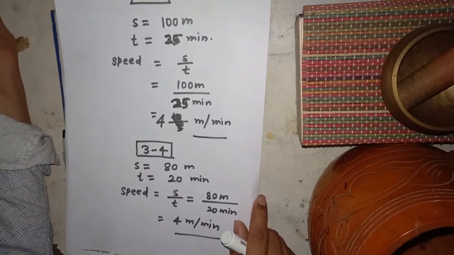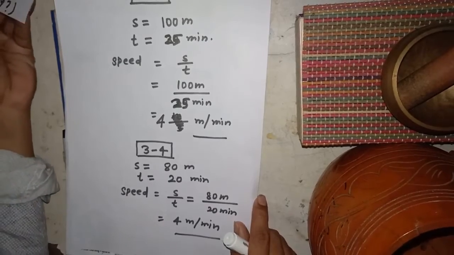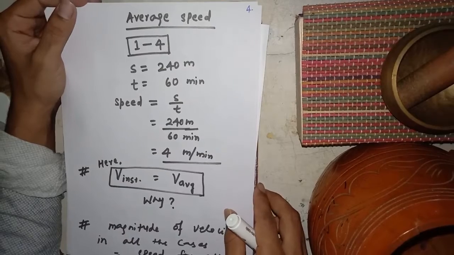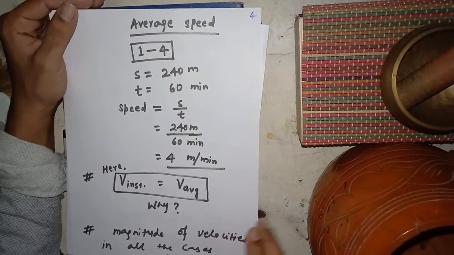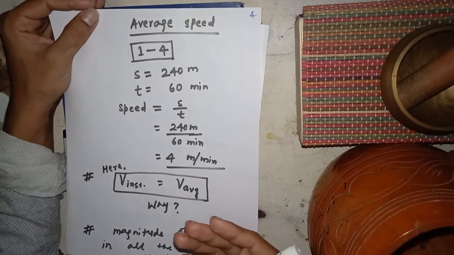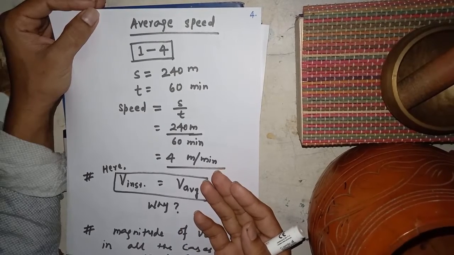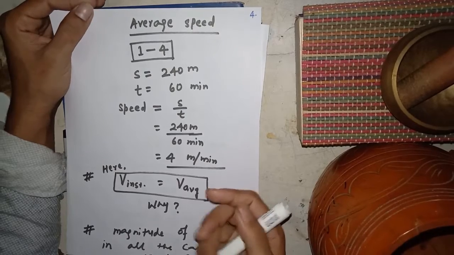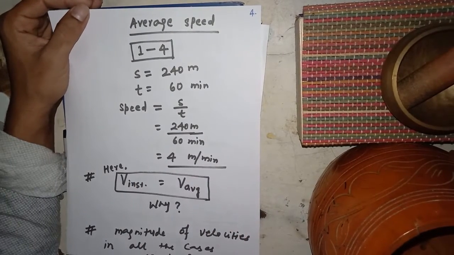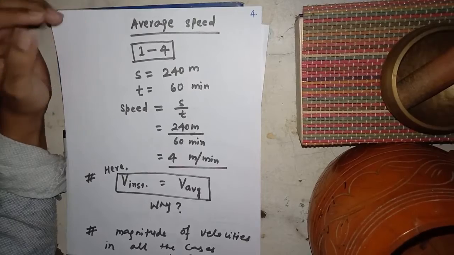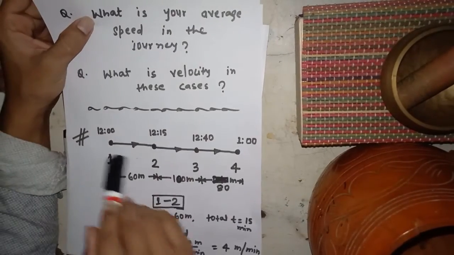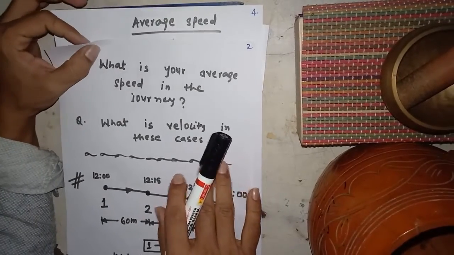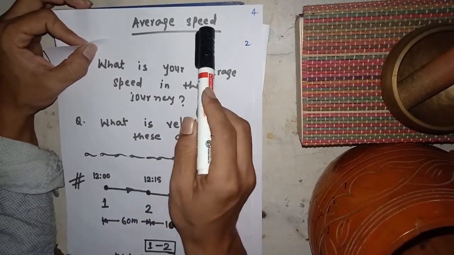Now the next question is, how can you get average speed or average velocity in this case? It is simple. Average is always taken for the whole thing in physics, in science, or in mathematics also. That's why we are now covering the whole journey from 1 to 4 for average, because we have to find the average speed.